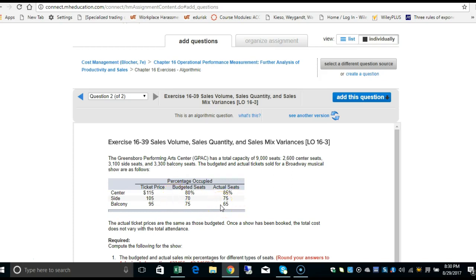We sold 65% versus 75% of the balcony seats, which are the lower ticket price seats, which will be an unfavorable variance. However, the impact of all of these combined is what we're looking to see, whether we end up with a favorable or unfavorable variance.